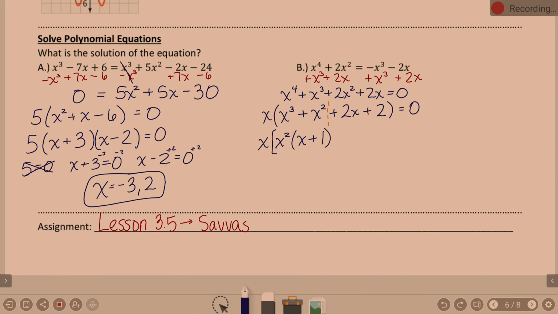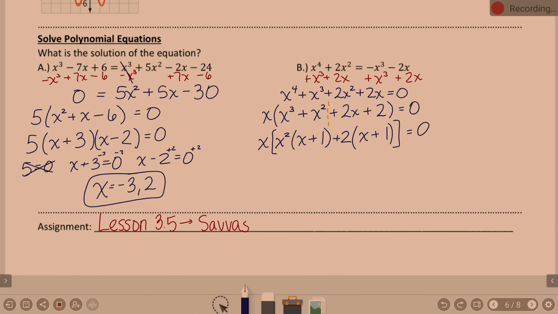Is it a positive 2 or a negative 2? Positive 2. So I'm going to write this as a plus 2. And then 2x divided by 2 leaves me with x. Plus 2 divided by 2 leaves me with 1. I'm in my parentheses. I'm in my big brackets. Equals 0.